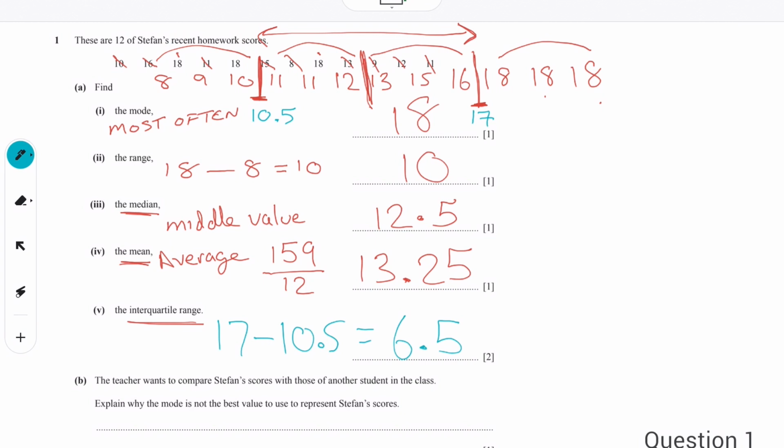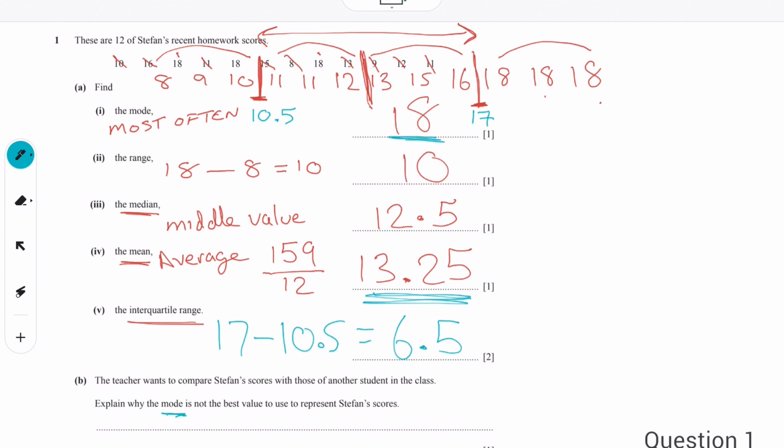Okay? Now, the teacher wants to compare Stefan's scores with those of other students in the class. Explain why the mode is not the best value to use to represent Stefan's score. Well, Stefan's average score, his mean average, is 13.25. If we compare that with the mode, we know that the mode over here is 18.